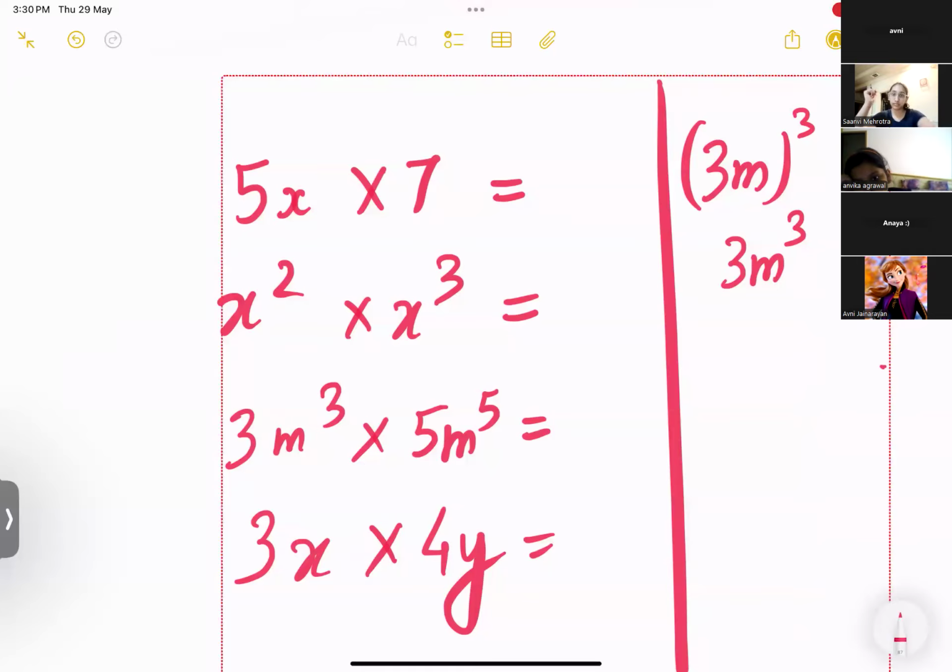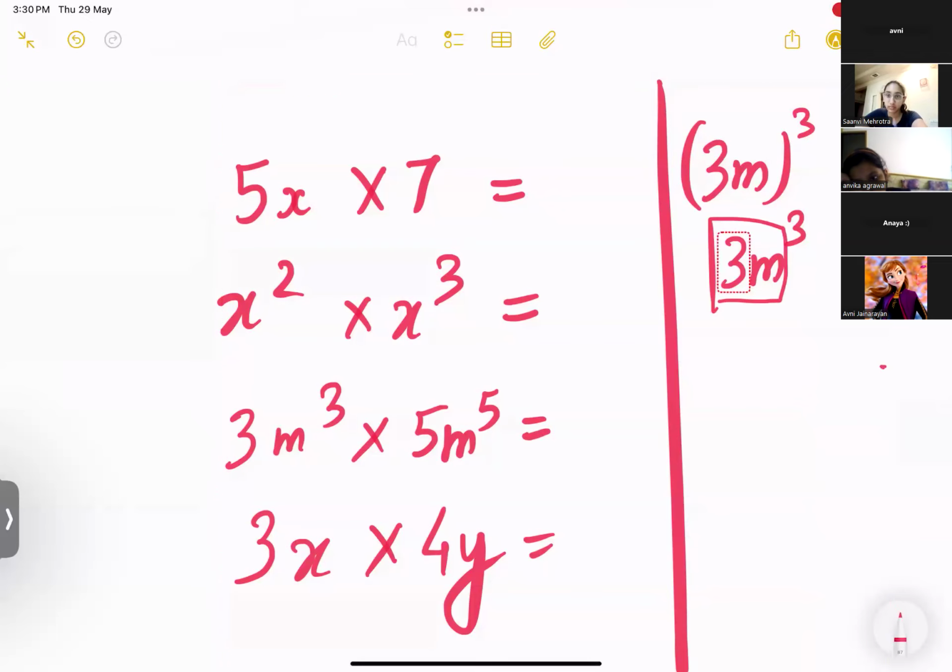When it is (3m) whole to the power of cube, then it is 27m cube. But if it is just 3m cube, it means m cube is with just m and not 3. That is the importance of brackets in algebra. Brackets are a very, very important tool to interpret all these operations in algebra.